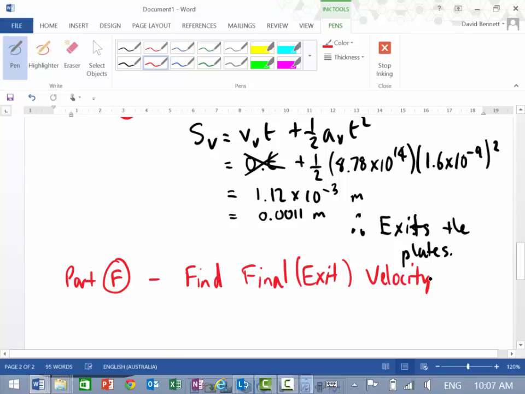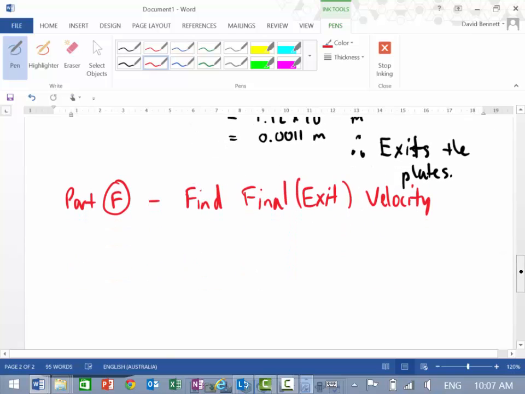Remember it's picking up some vertical velocity now, not just its horizontal velocity. So if you think about this, it's coming like this over here. Its velocity was 8.7, wasn't it? 1.87 by 10 to the 7 metres per second. That's its vHorizontal. And then it picks up a small vVertical, doesn't it?